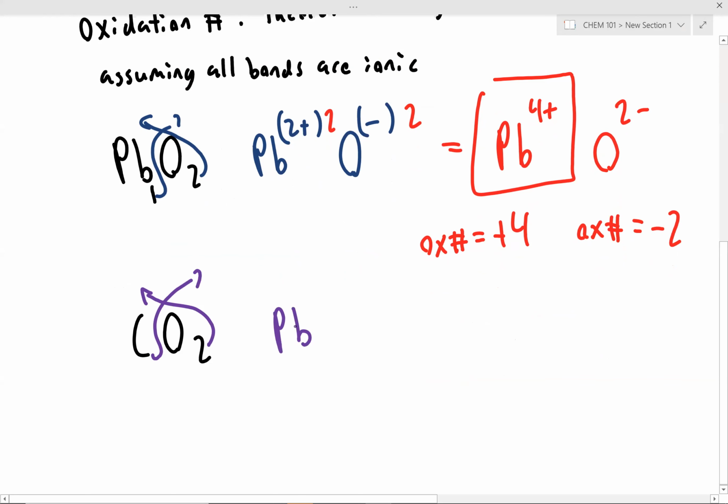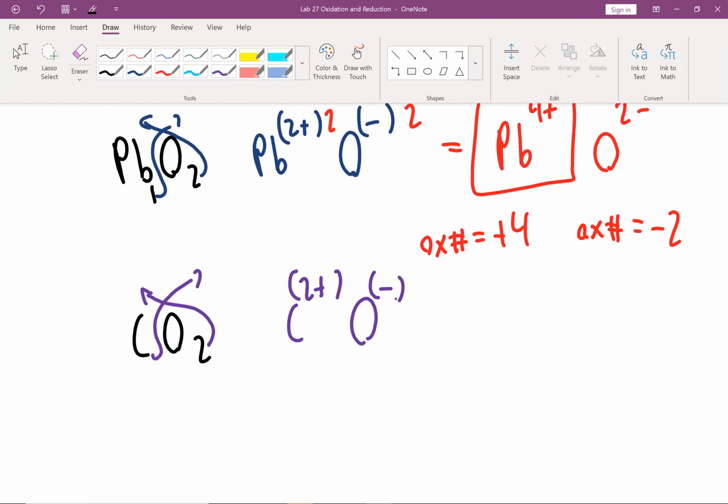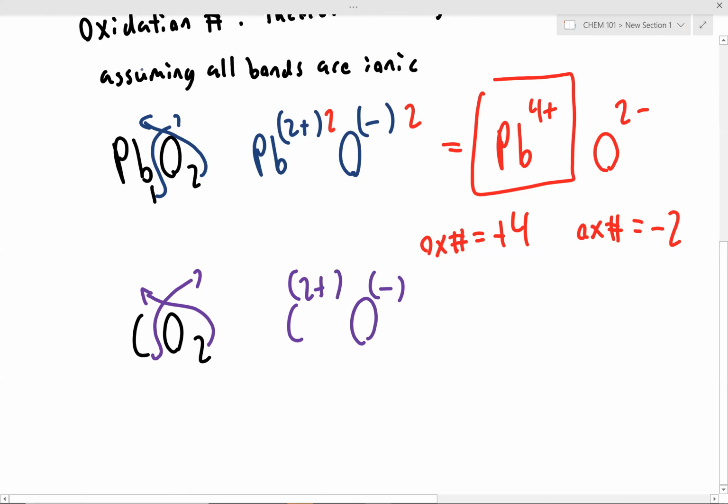This gives us carbon 2+ and O-. What do we have to multiply both of our charges by in order to get a charge for oxygen that matches periodic trends? 2. So we're going to multiply both of our charges by 2.